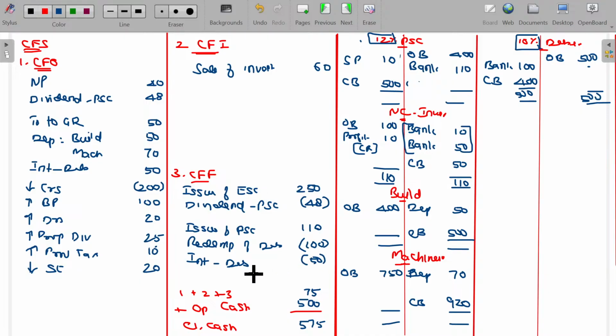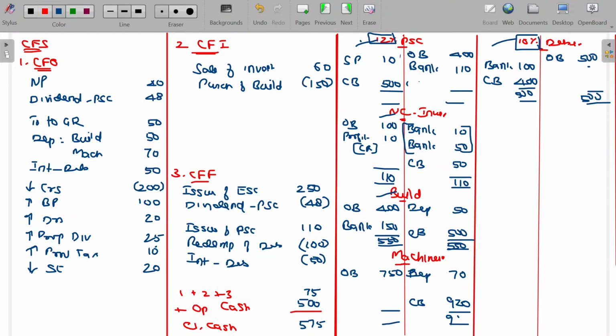These two are the hidden adjustments. Non-current investment tallied. Building 550, 150 increases. What is that? Bank purchases. Purchase of building. This value being 150. Outflow of cash.